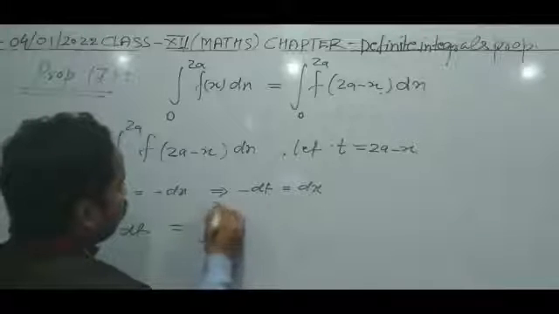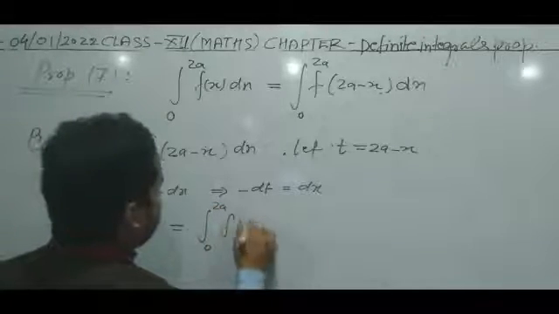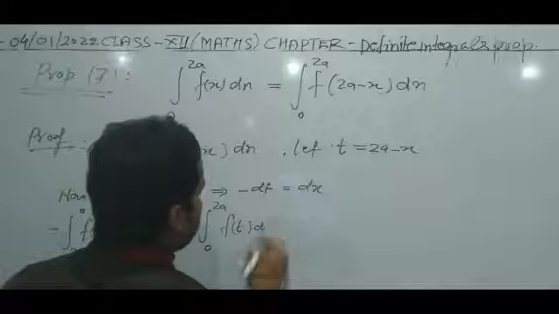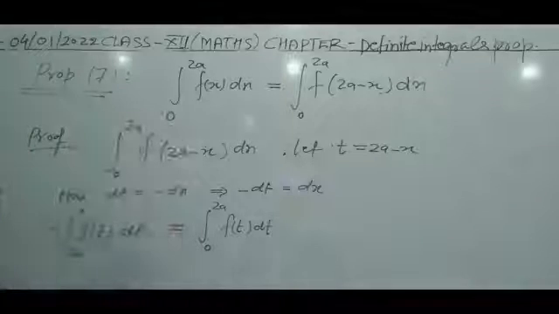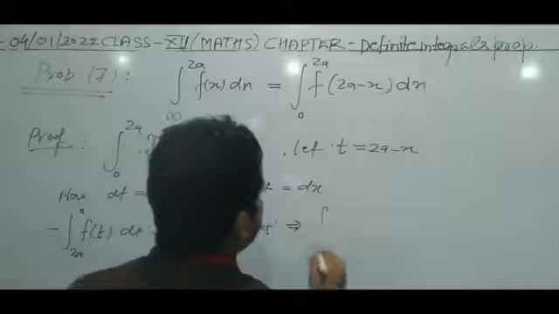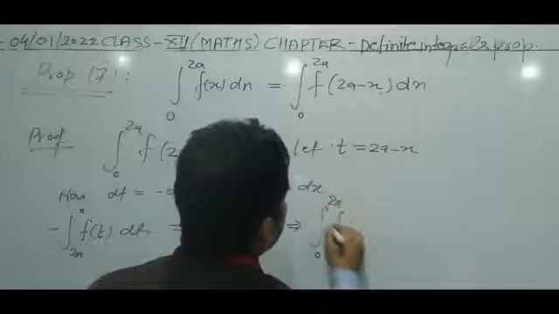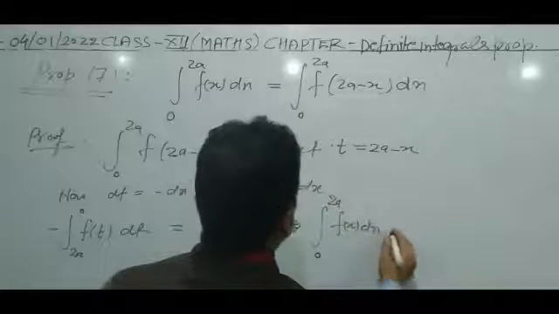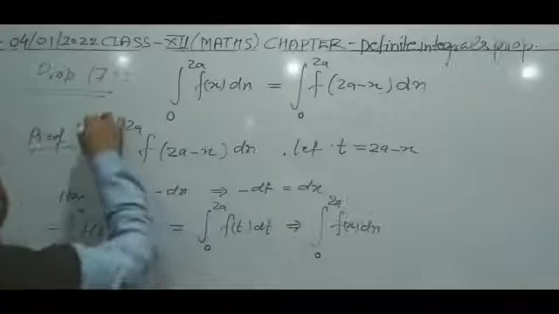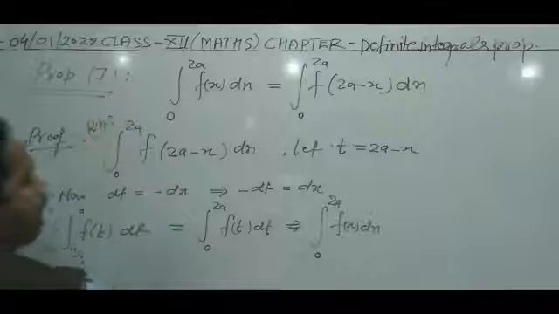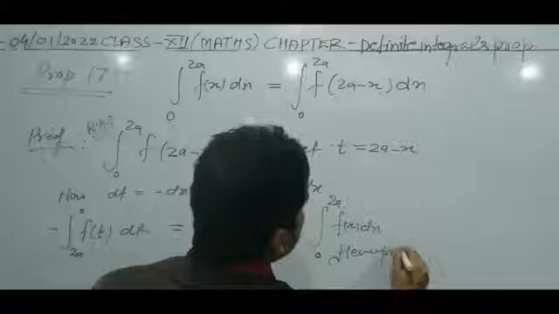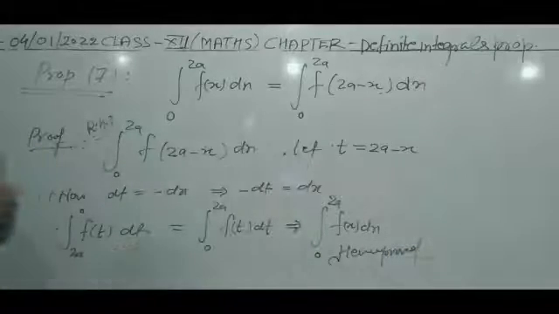So from 0 to 2a, this is f(t) dt, and now f(t) dt means replaced by x. So the result will be integration of 0 to 2a f of x dx. Hence proved. See, we have taken RHS.